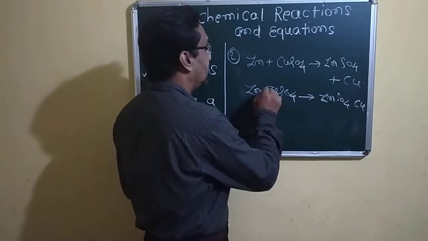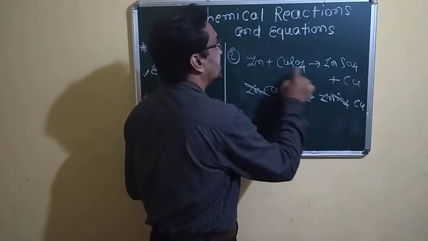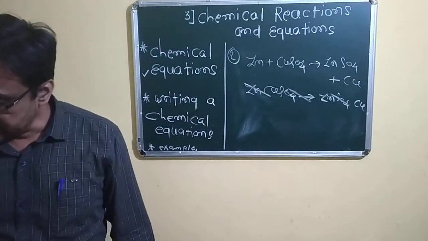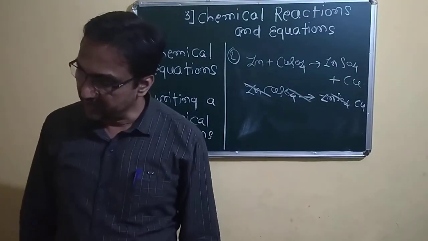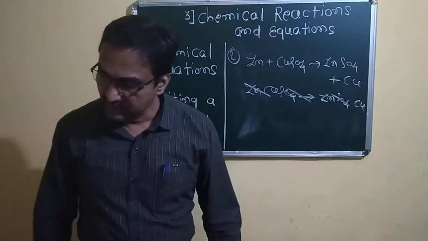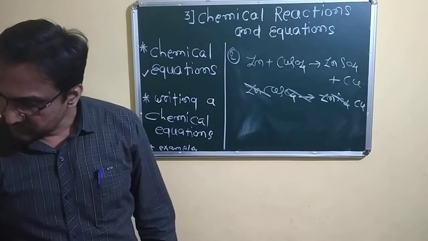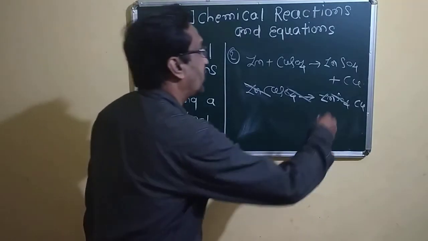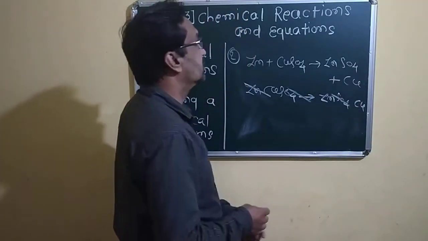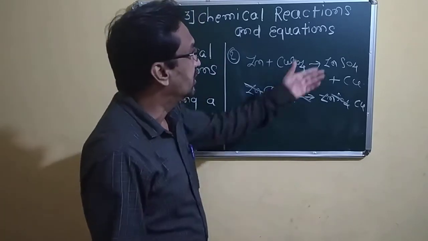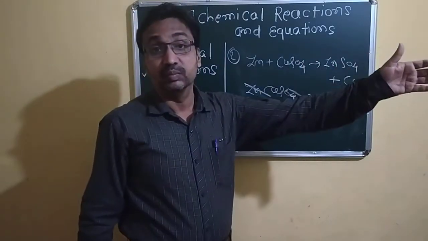So what we have to do is link the reactants and products, or two or more of them, with a plus sign. Also in products we can write those things. In some reactions there are two or three products.